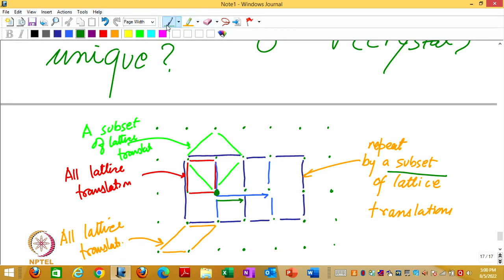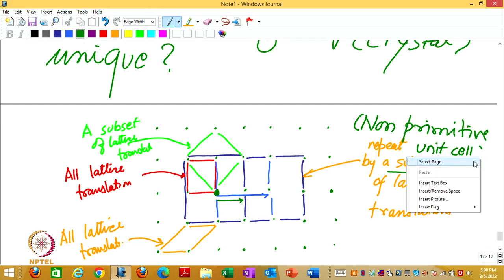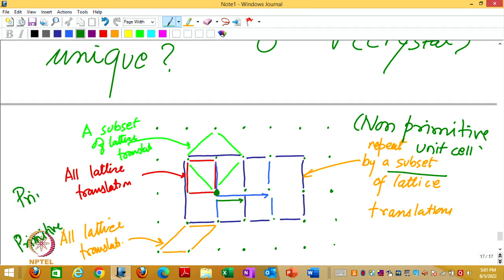So, non-primitive unit cell, and all these kinds are primitive.